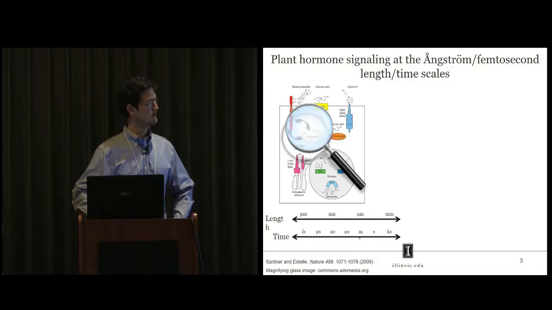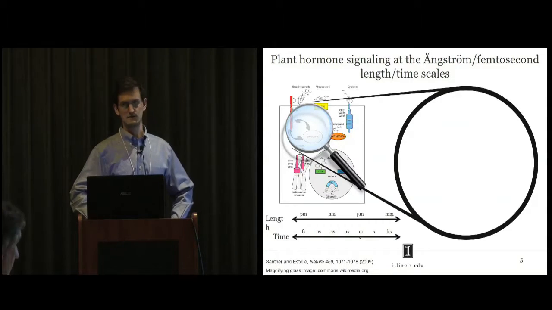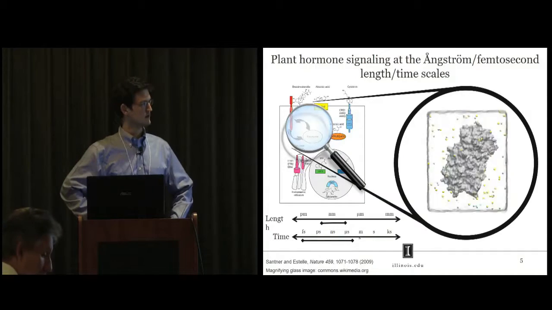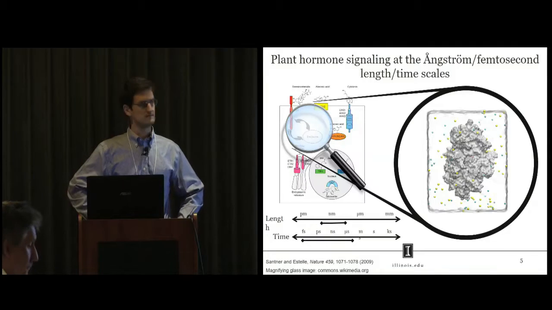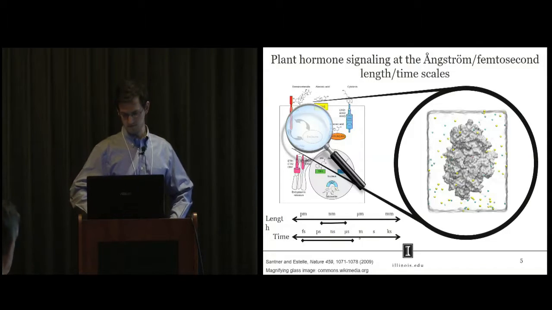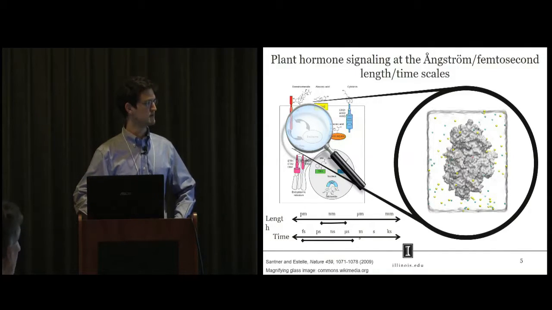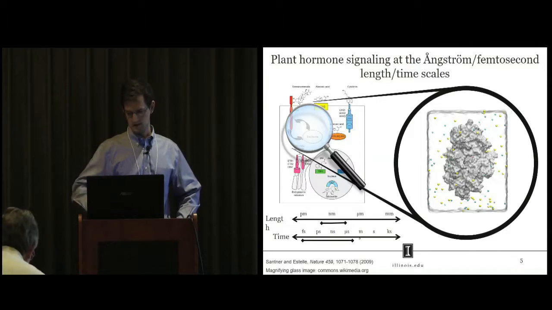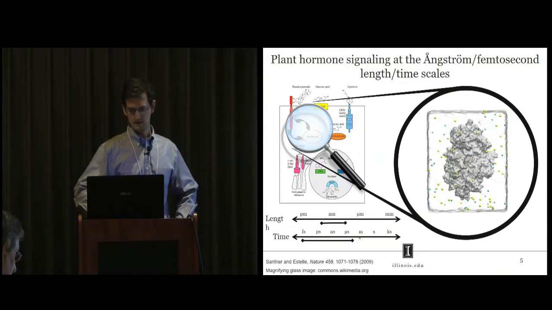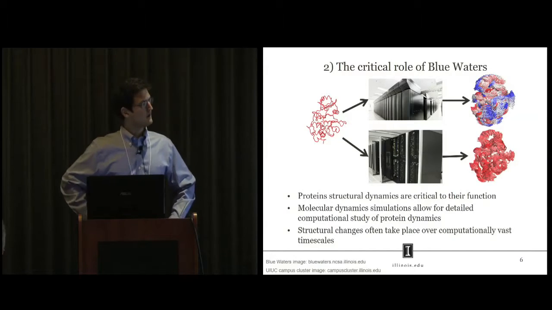So we're zooming in on these cellular processes, looking at the individual components and their dynamics at the atom by atom level with simulations. Understanding how each of these components of cellular signaling networks work will help us then to direct genetic engineering also, like I said before.